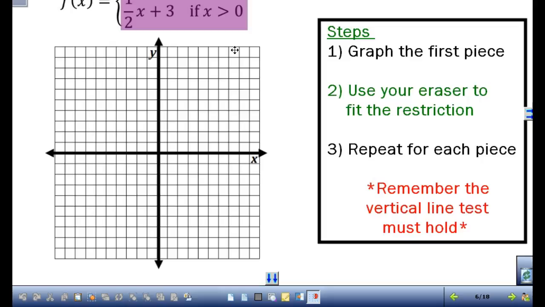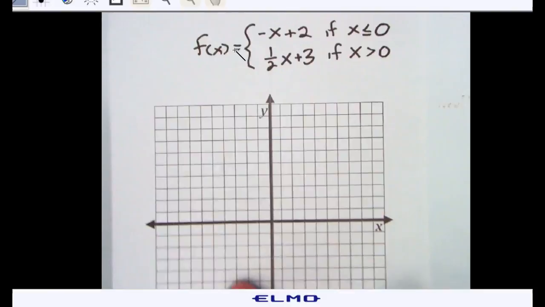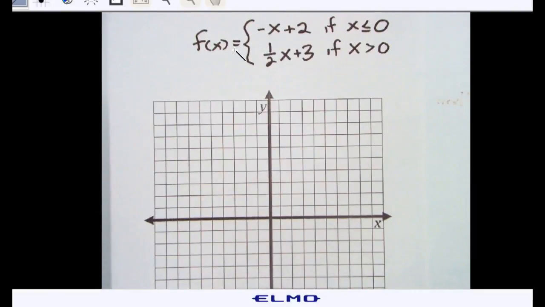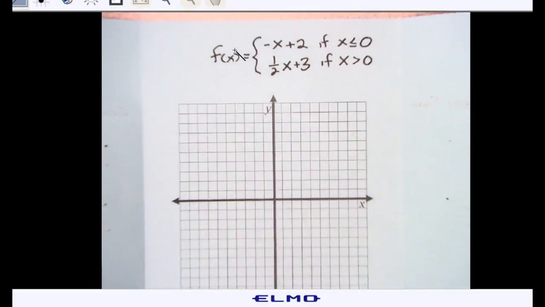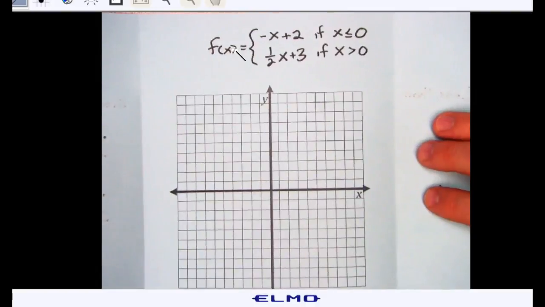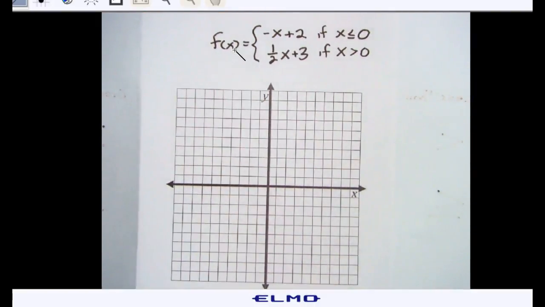Okay. Just like that. And this is a technique that's just going to help you not have those different pieces overlap. It'll let you know where each graph should start and stop.